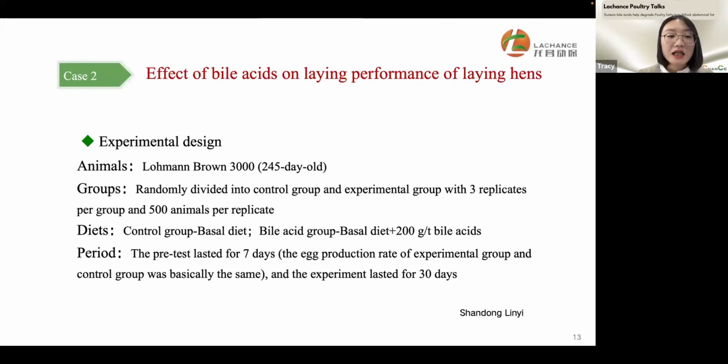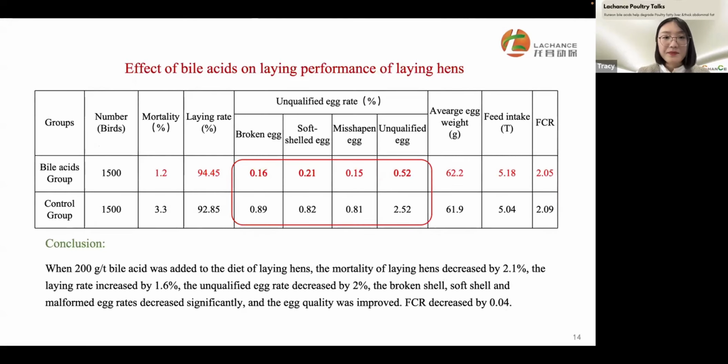The pre-test of this experiment lasted for 7 days. This is mainly because we need to keep the egg production rate of experimental group and the control group basically the same. And then the experiment lasted for 30 days. So let's see the results.